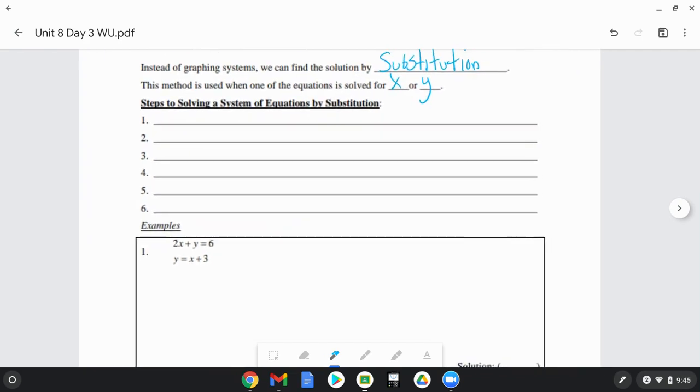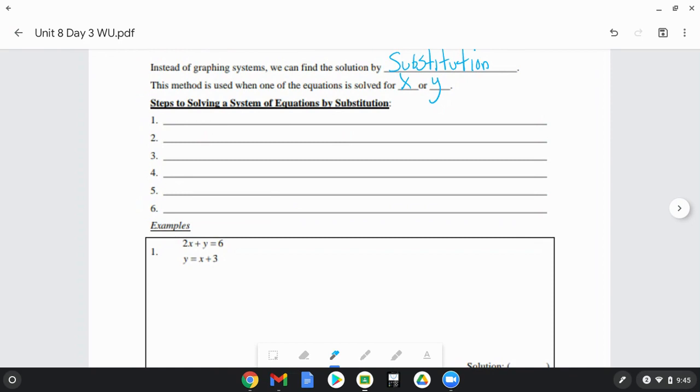So here are the steps. Step 1 is to circle the expression after the x equals or y equals. So I'm going to do a problem with you. I'm going to do this example 1 down below.